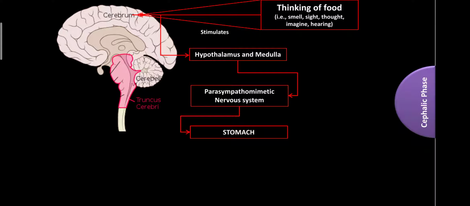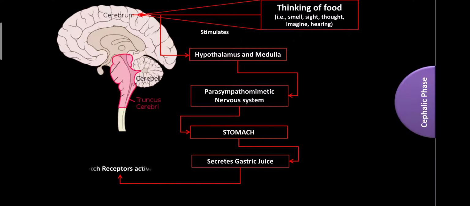Due to that, secretion from the stomach increases, and the stretch receptors present in the stomach are also activated, and these receptors send information to the cerebrum, and the cycle continues. The stomach is involved in the secretion of gastric juice. So this phase is known as the cephalic phase, dear students.